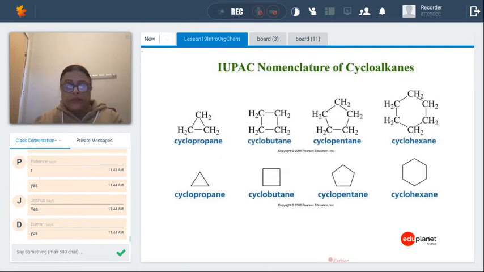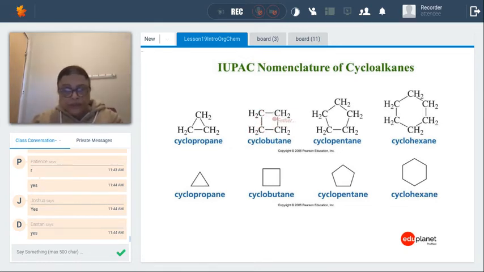Okay? All right, so we talked about straight lines, straight chains, and we talked about branching, but we can also have rings. Rings is something like this. It is a closed structure.